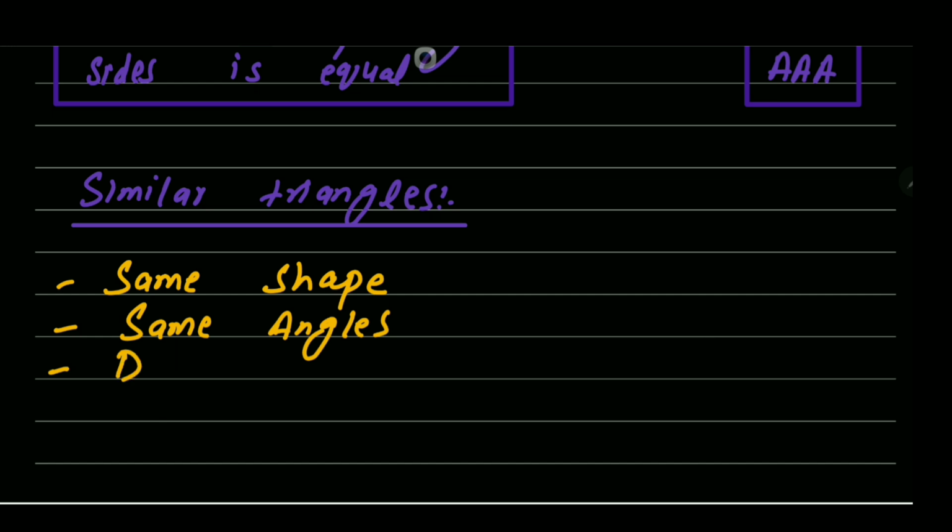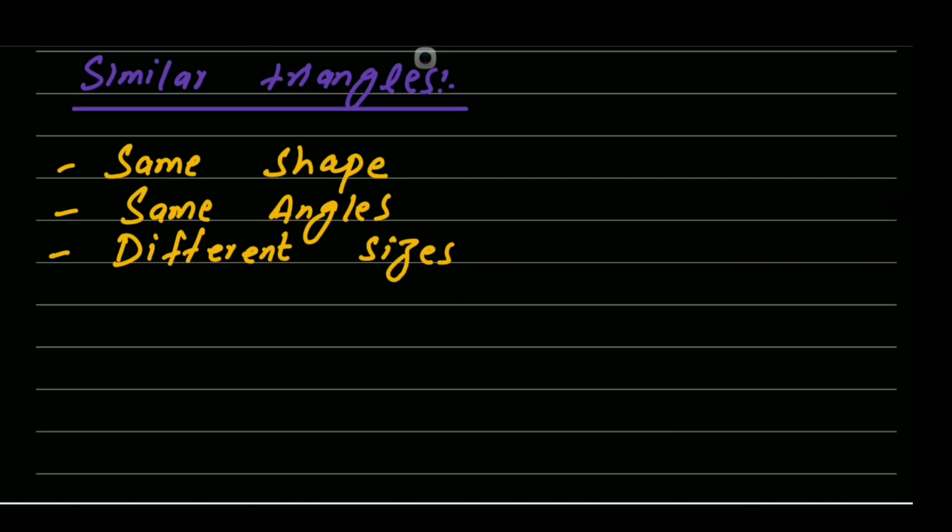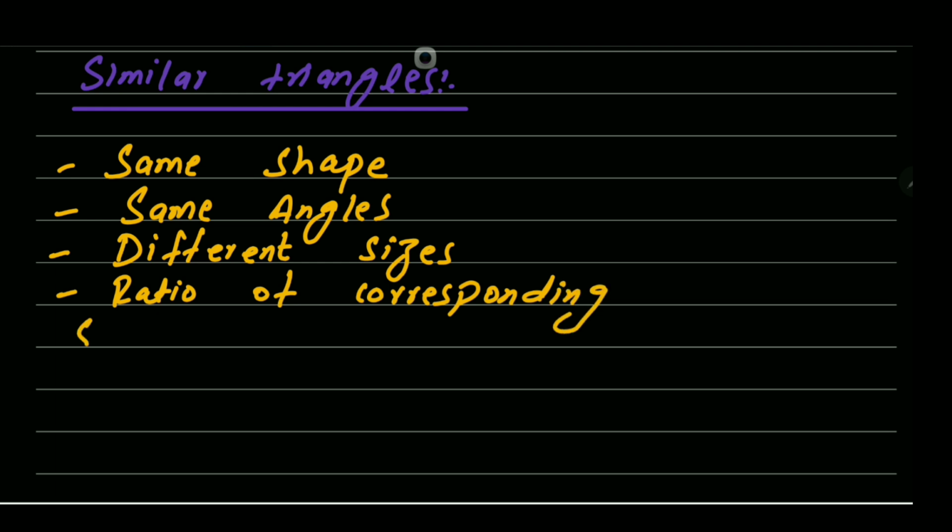Third, they will have different sizes. And the fourth one, their ratio of corresponding sides will be equal. So this is actually the definition. These are the points which come in the definition of similar triangles.